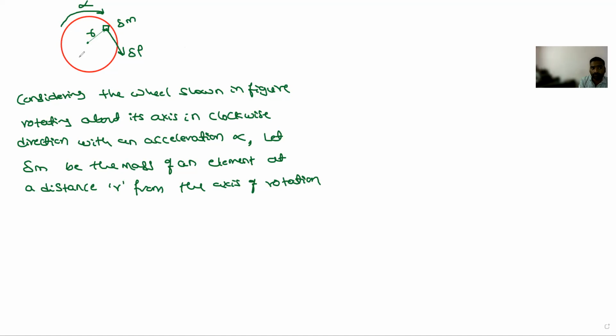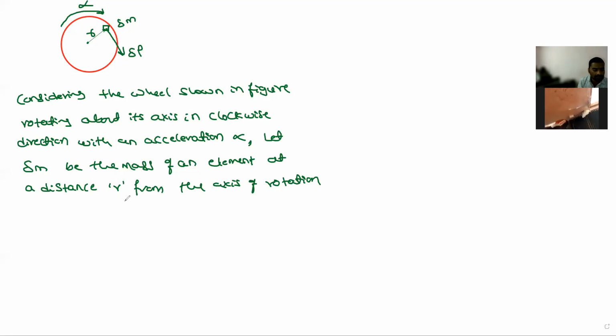This entire mass is rotating with acceleration alpha. The force exerted by the small elemental mass is delta p. I will calculate the rotating moment for the small elemental part, then the algebraic sum of such elemental parts will be equal to the total.